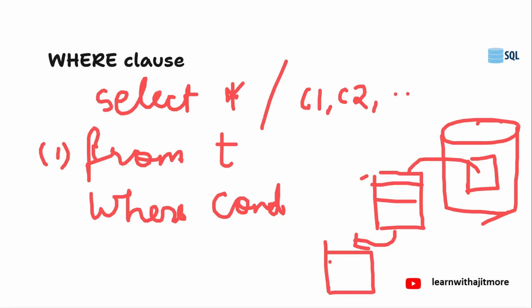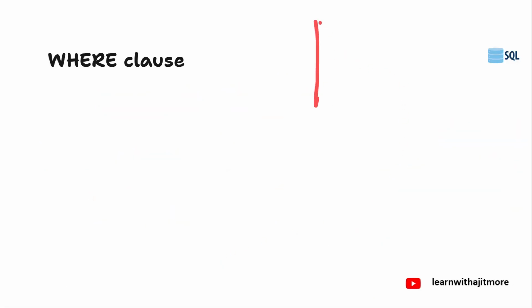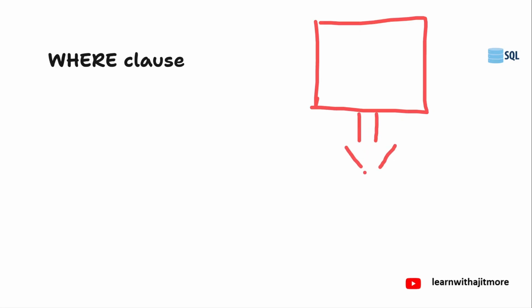But from that filtered record, which columns? If you have written star, then all columns. If you have given selected columns, then only those selected columns are sent to the workbench for printing. Understanding? So this is your whole table, and all the records are given to some funnel, you can say, and they are supposed to pass through that funnel by applying some condition.